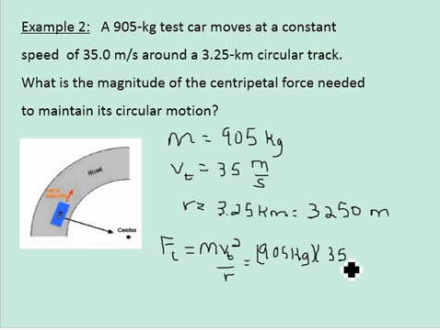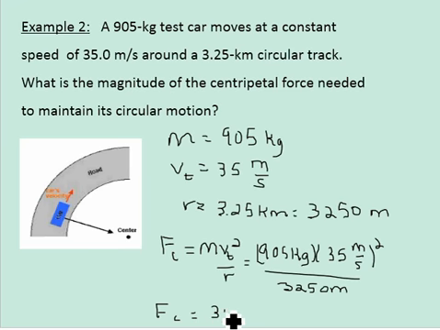Don't forget the square. A lot of people do. Divided by the radius of the circular path, 3,250 meters. All right, so our centripetal force is equal to 341.